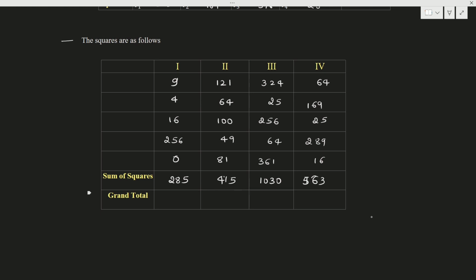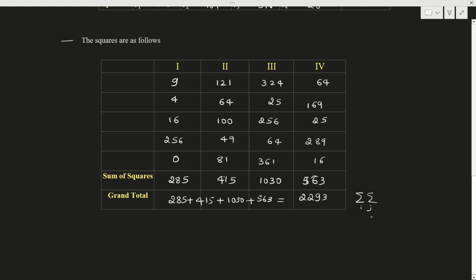Now add all of these. The grand total, 285 plus 415 plus 1030 plus 563, gives us 2293. What it represents is the summation of xij square.